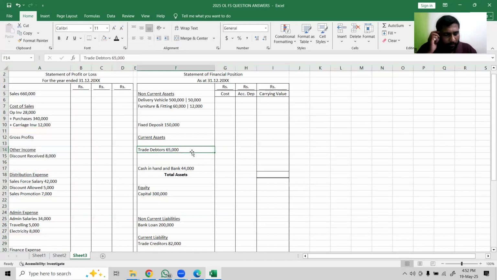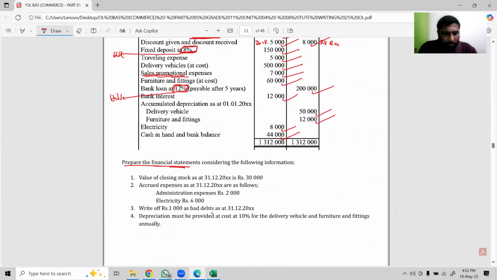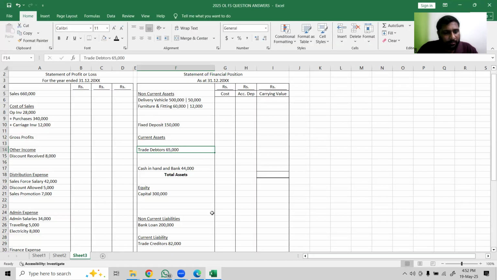Okay. Now we'll quickly do the adjustments one by one. Value of the closing stock as at the last day is 30,000. Closing stock is recorded in 2 places.